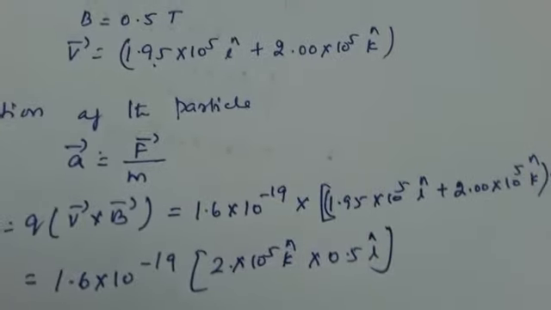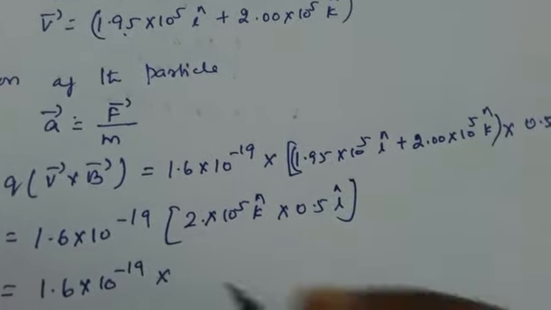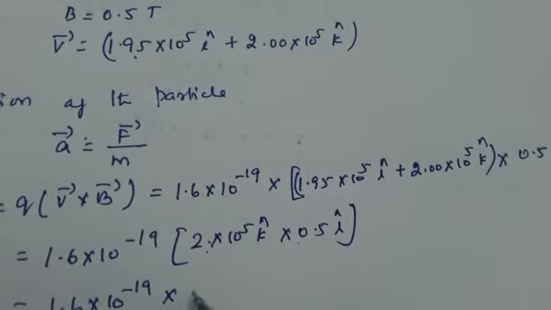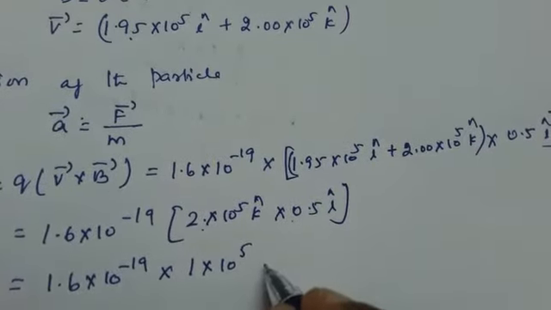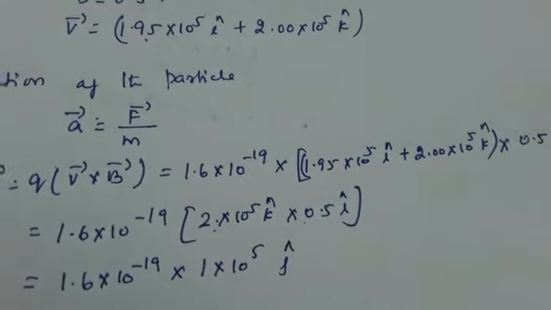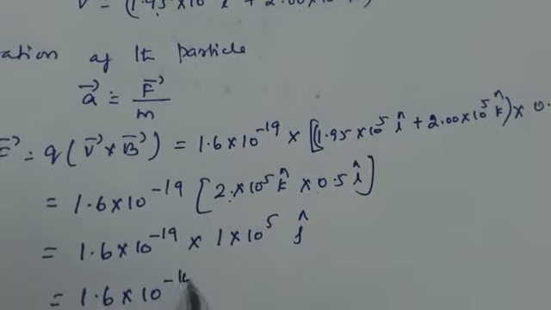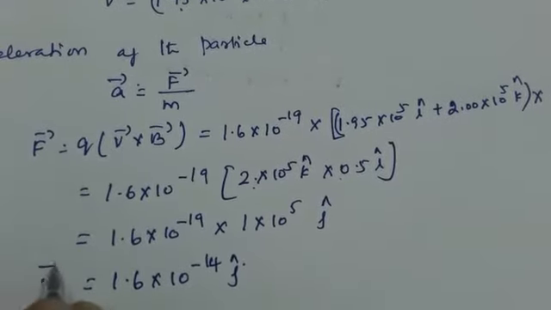Here 2 × 0.5 is 1, so 1 × 10^5. What is the direction? k cross i is j. So you'll get 1.6 × 10^-14 j vector. This is what you'll be getting as the force.